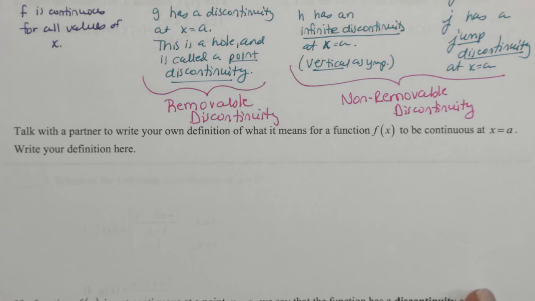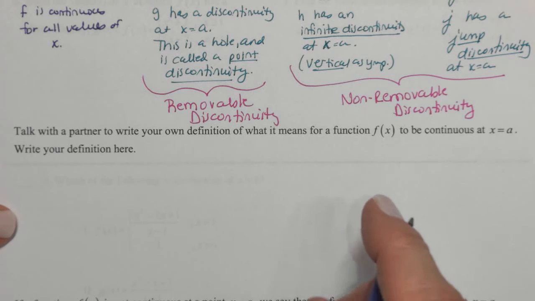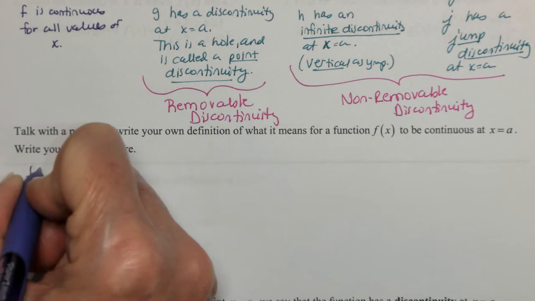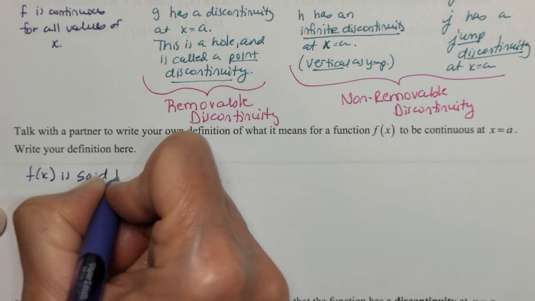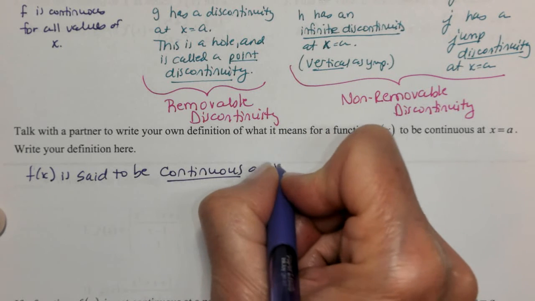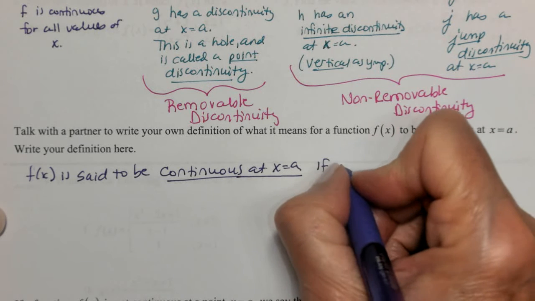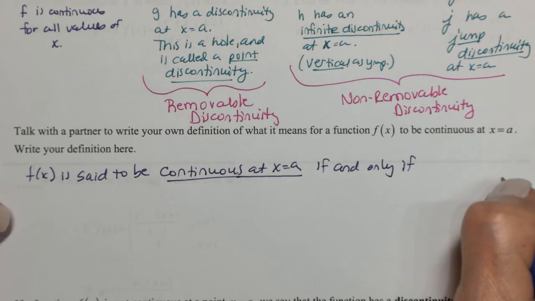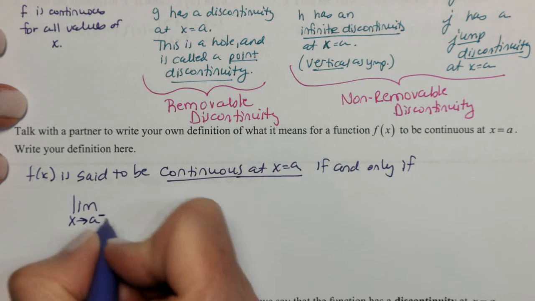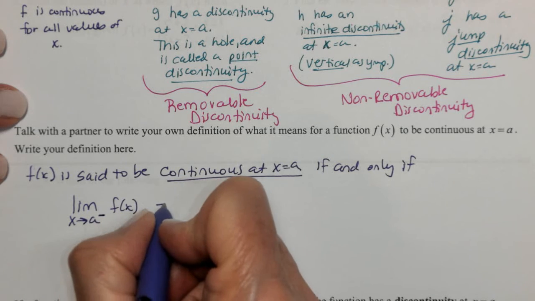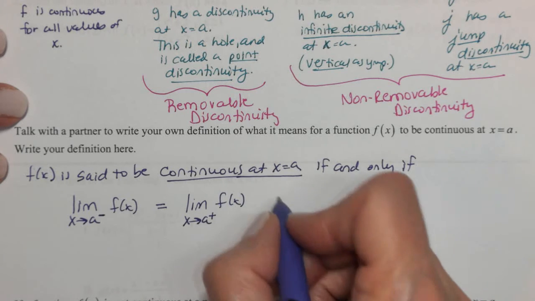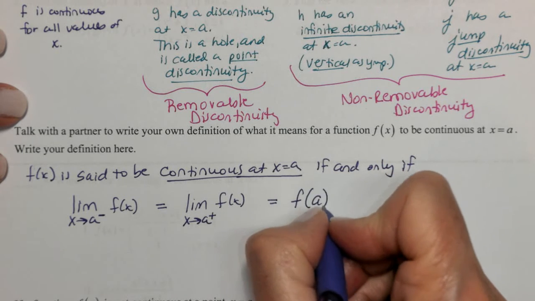Alright, back on. So a more rigorous definition of what it means for a function to be continuous at x equals a. f of x is said to be continuous at x equals a if and only if the limit as x approaches a from the left of f of x is equal to the limit as x approaches a from the right of f of x, and that is equal to the function value at a.